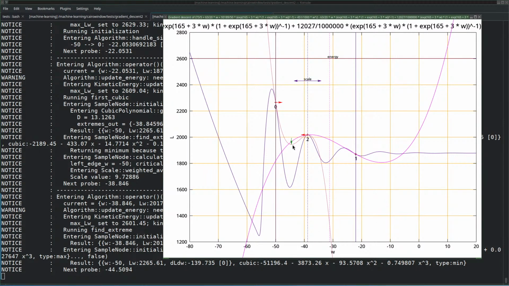So I want the shortest average distance. Average means I'm going to divide by 2. Let's just not do that.